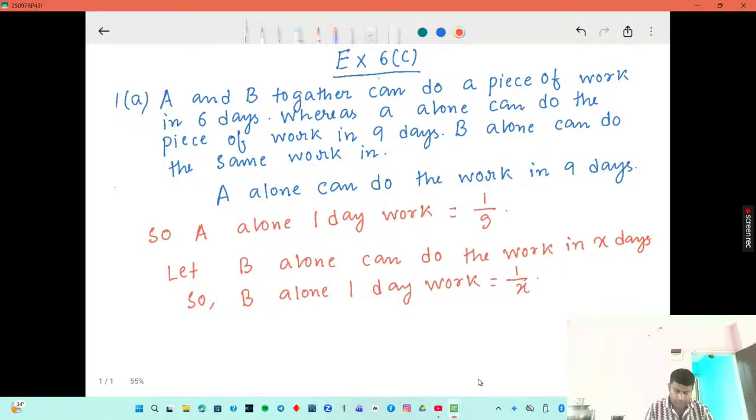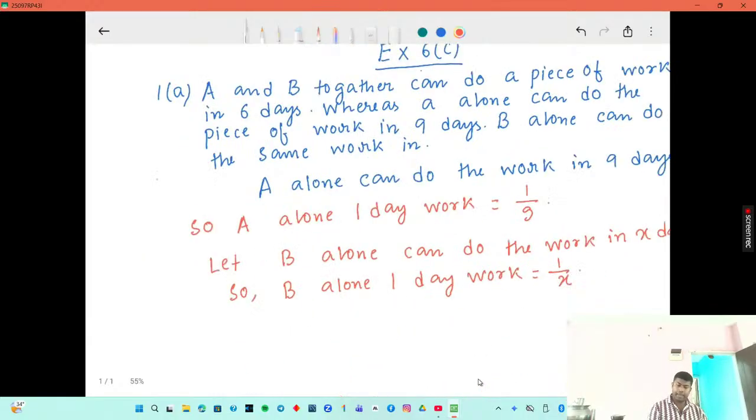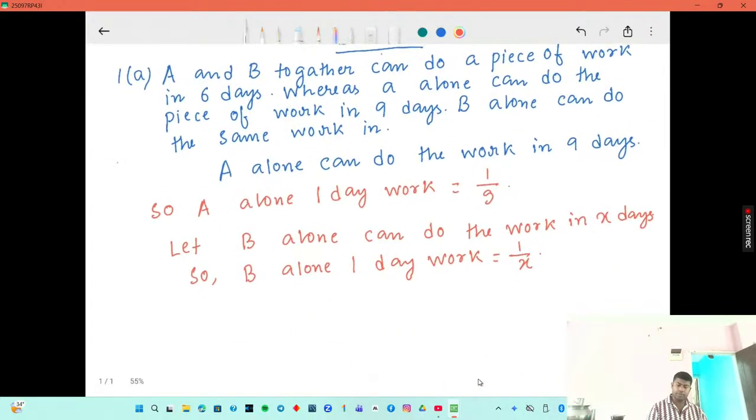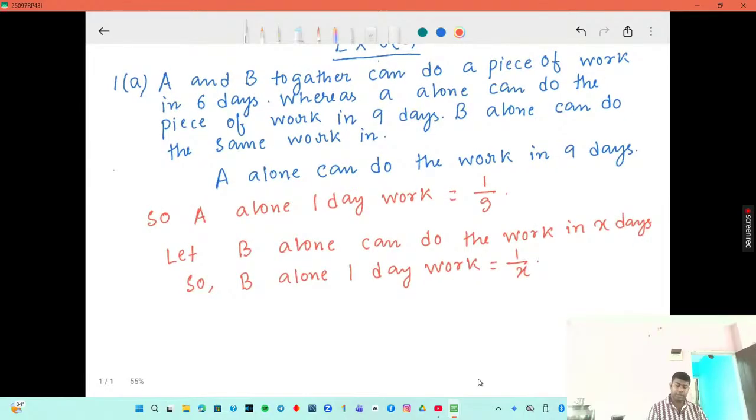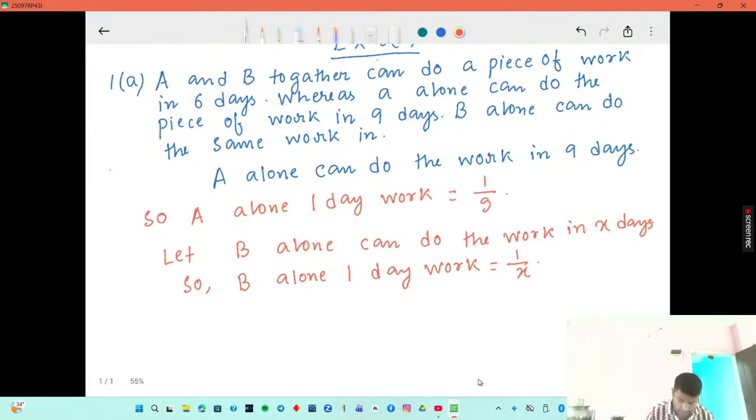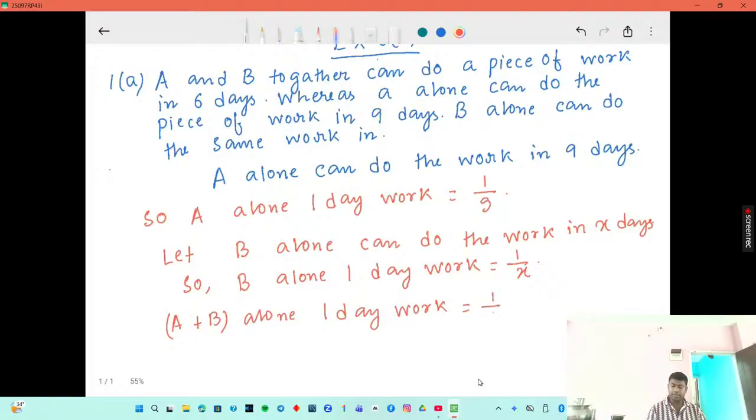Now in this question it is given that A and B can together do the piece of work in 6 days. So we can write A plus B alone 1 day work is equal to 1 by 6.